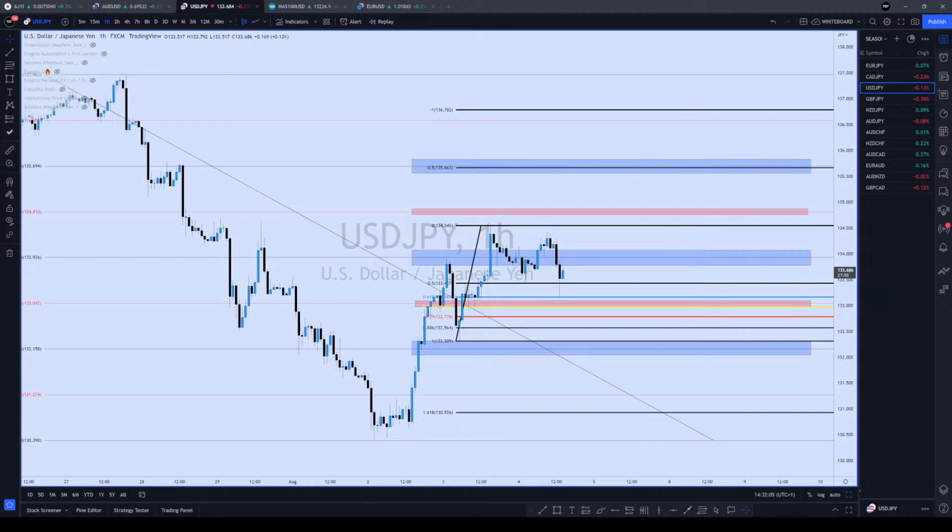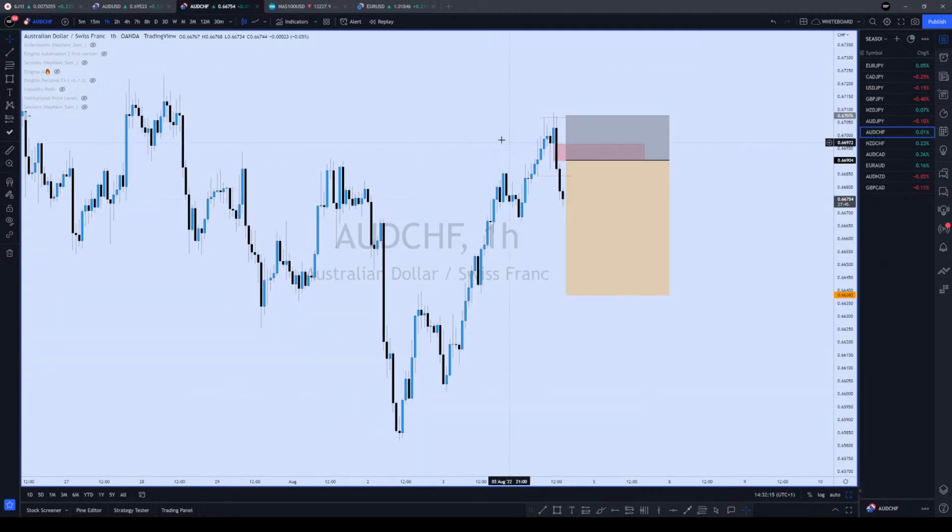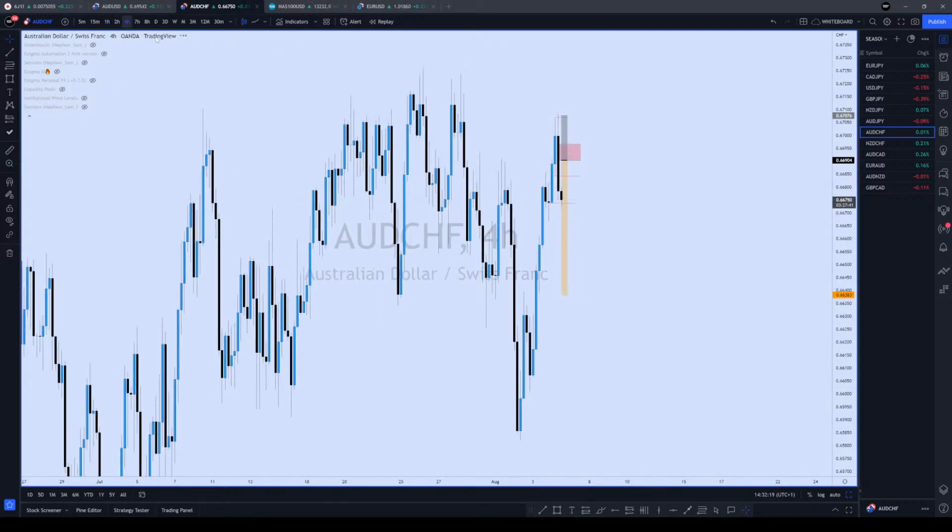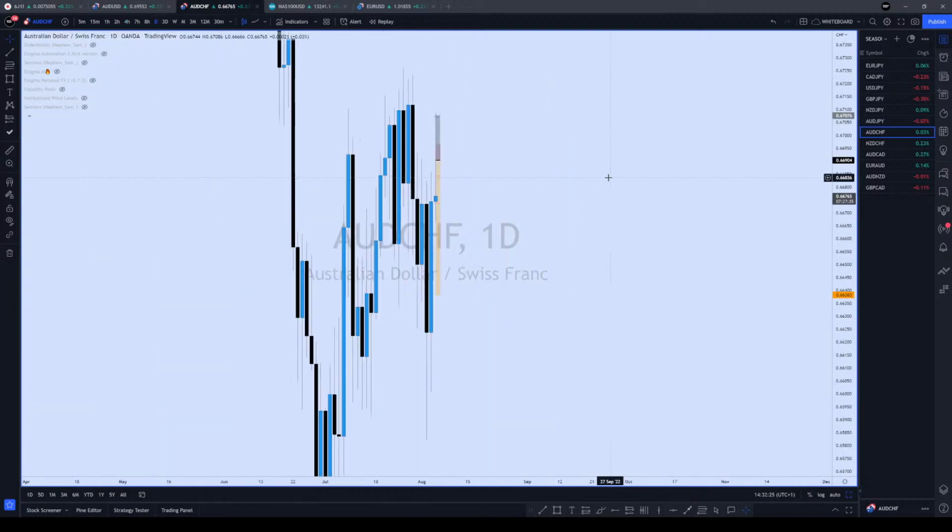Would you call that a displacement on Aussie Swiss? Displacement, in my opinion, comes from a high time frame level. It has to come from a high time frame level.